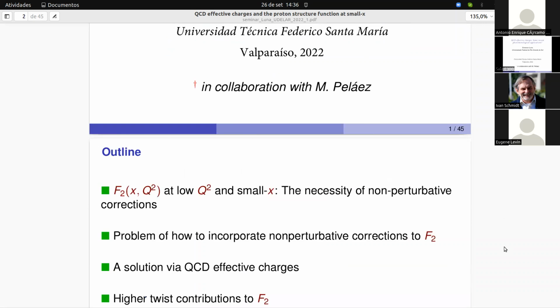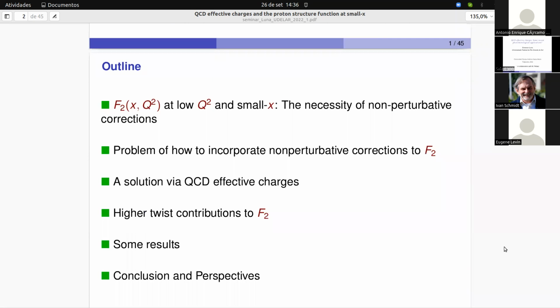In the talk I will start by talking a little about the structure function F2, and the problem is how to describe the structure function at low Q square and small x. I will introduce why we need non-perturbative physics.